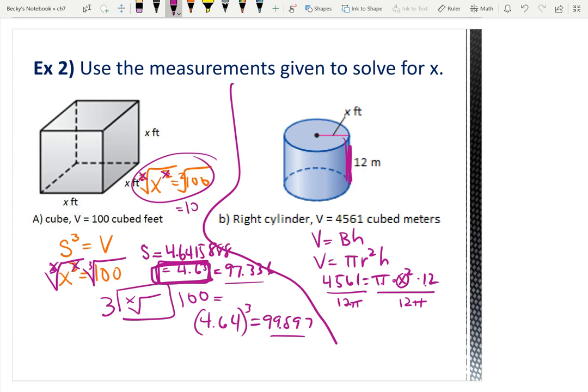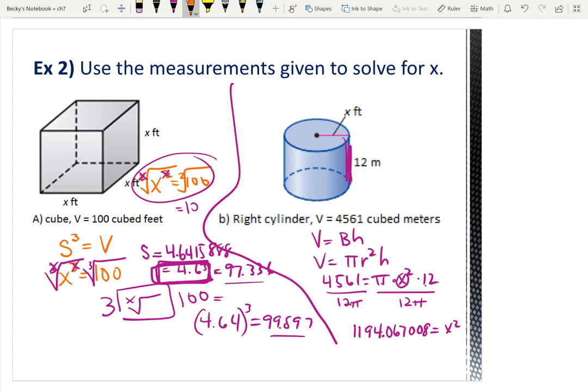Okay, so I'm going to leave this answer in my calculator. I'm not going to round it off for the reasons that we just talked about a second ago. This is the answer that's on my calculator. 1194.067008.